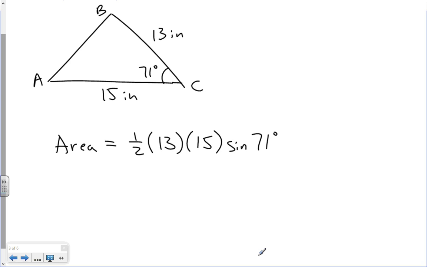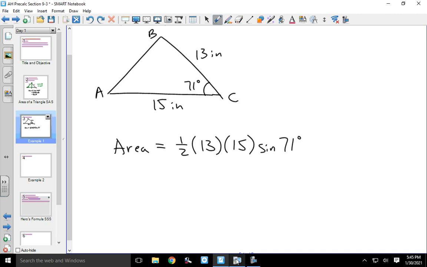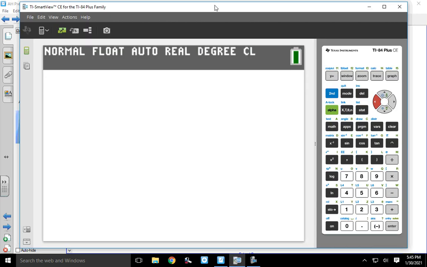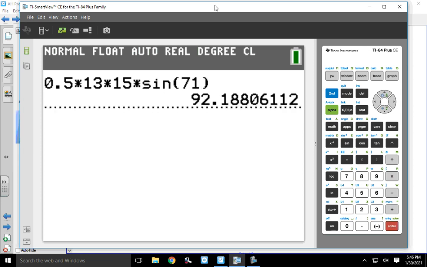All right, so let's grab our calculator and punch that in and see what we end up with here. Again, make sure you're in degree mode when you go to do your calculation. I'll put this in as 0.5, you can write it as 1/2 if you want to, times 13 times 15 times the sine of 71 degrees. And we end up with 92.18806.